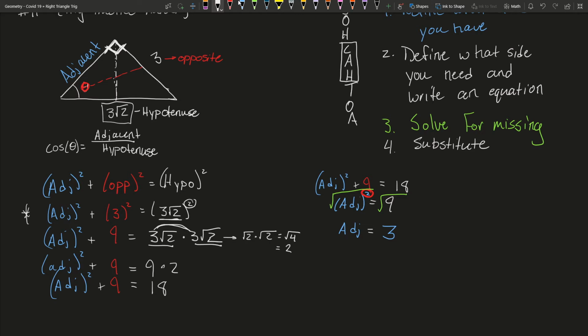Okay, and what I mean by that is we need to use this adjacent side and this hypotenuse in our cosine equation. Okay, so cosine of theta then is really adjacent over hypotenuse, which is 3 over 3 rad 2.